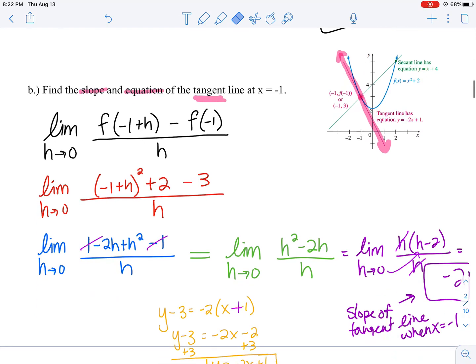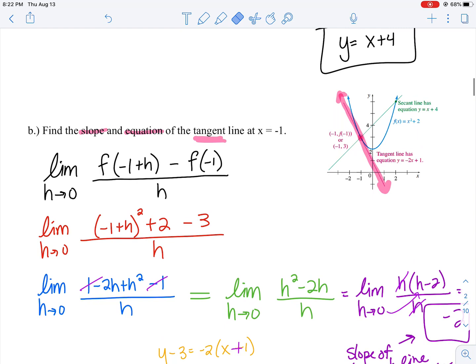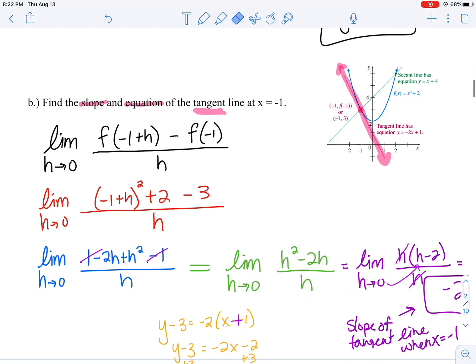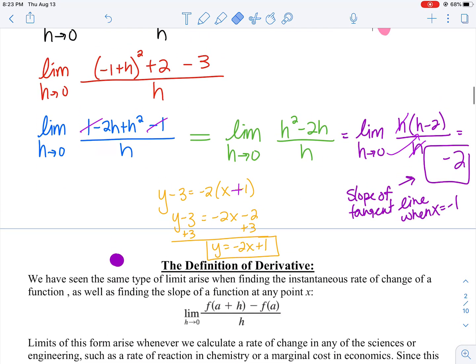It touches at +1 on the y, and it looks like it has a -2 slope. So now I can find the slope of any secant line, and I can find the slope of any tangent line now, even if it only touches once, by using that same formula. So make sure you practice using that formula for instantaneous rate of change, or now slope of a tangent line, or even slope at only one point.